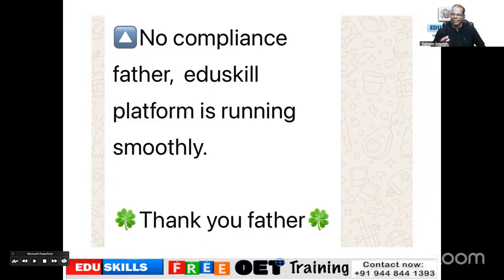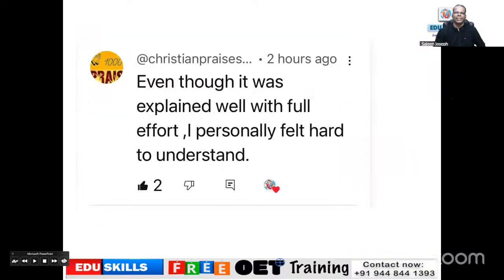Compliance means you adhere to or obey the instructions. Please comply with. Compliance is mandatory. I have given in my notice. This was the answer for it. Compliance to a notice means you have to obey the notice or do what is given in the notice, that is mandatory. Okay? Cool. Though it was explained well with full effort, I personally felt it hard to understand.